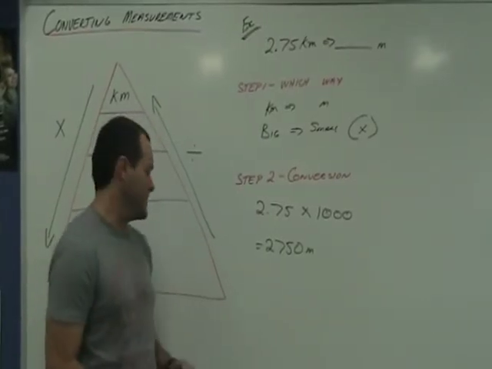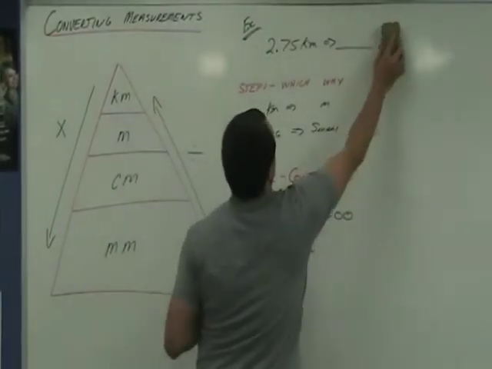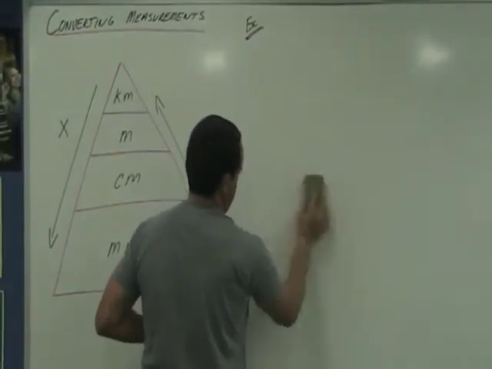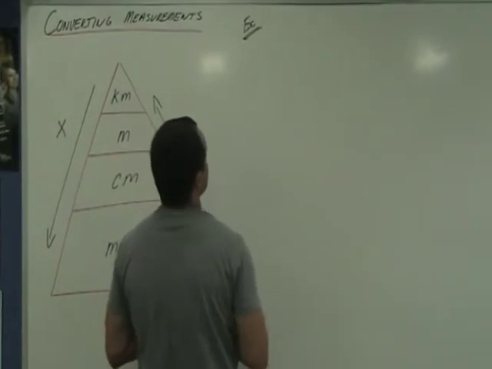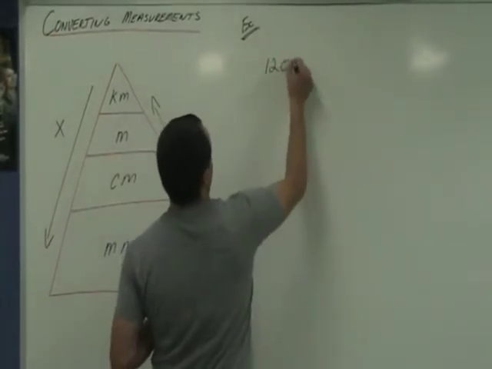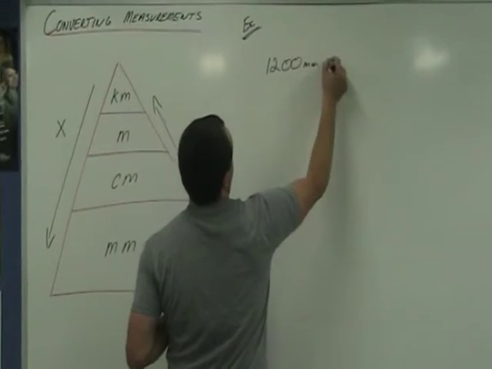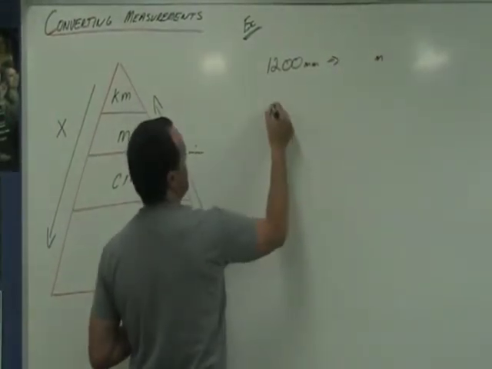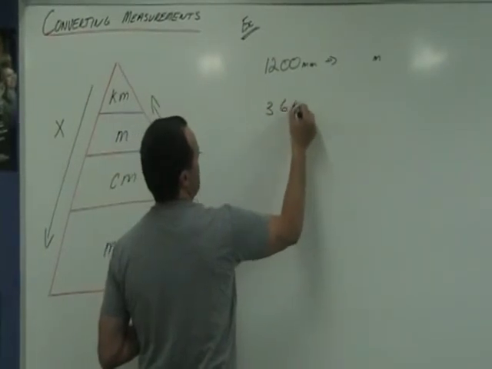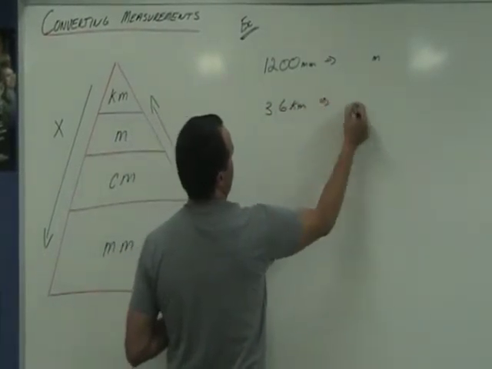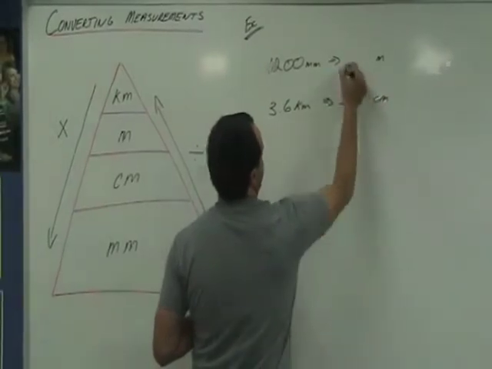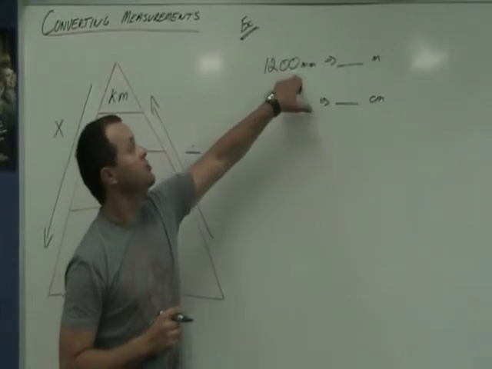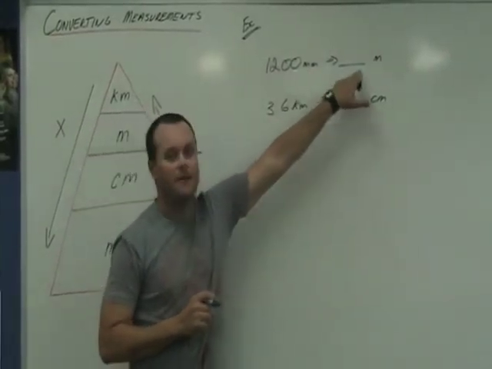I'll give you two practices to go away and have a go at, and then come back and we'll go through the answers. The first one: 1,200 millimetres is how many metres?